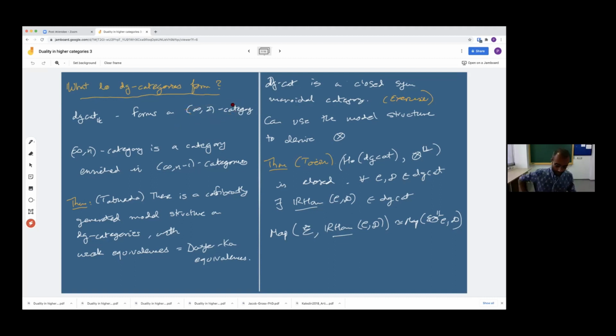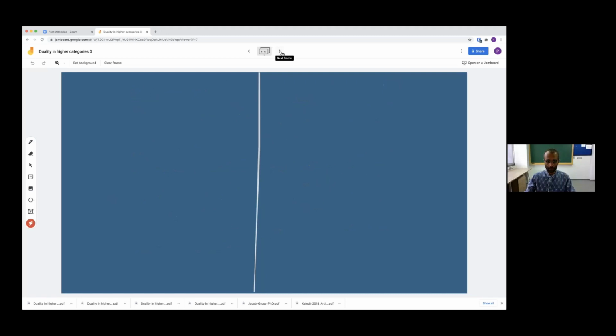Okay. And if I'm given any infinity 2 category, I can form what is called its homotopy 2 category. So let X be an infinity 2 category, then you get H less than or equal to 2 of X, to distinguish it from HX.